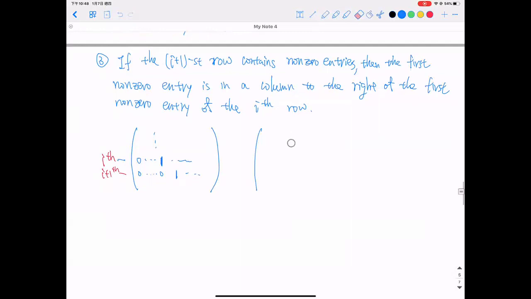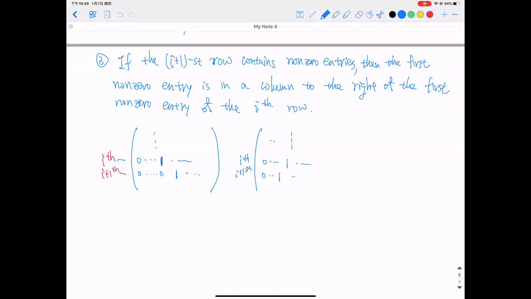Now, this is just saying that things like these can happen. If this is the ith row, this is the I plus first. It's just saying that the first non-zero entry 1 here cannot happen to the left of these other 1.